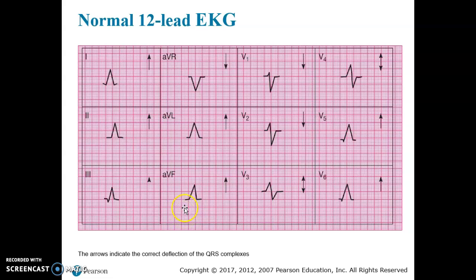AVL is positive. AVF is positive. V1 is negative. V2 is negative. V3, we have that isoelectric. It goes both ways. Again in V4, and then V5 is positive, and V6 is positive. These arrows indicate the correct deflection of what you're supposed to see.